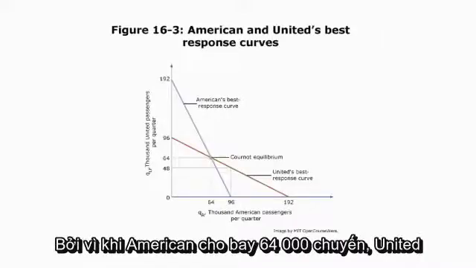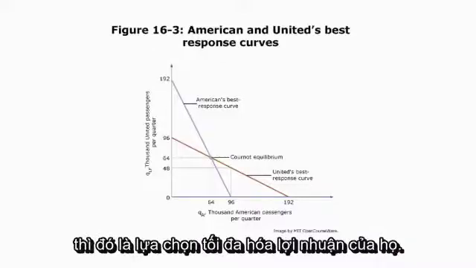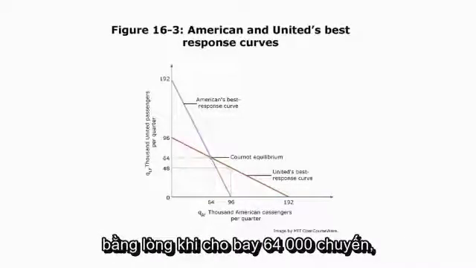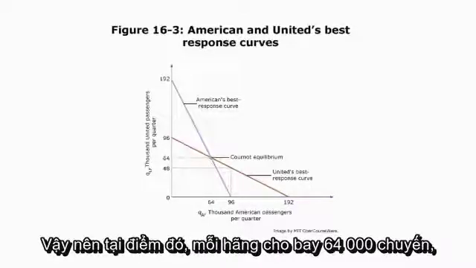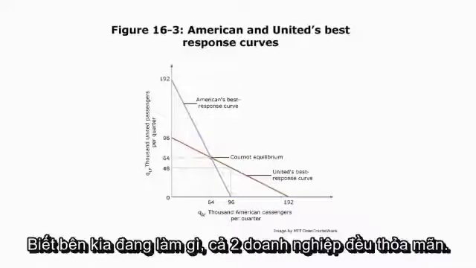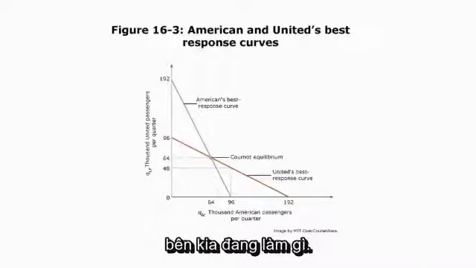Because when American is producing 64,000, United's happy to produce 64,000. That's their profit maximizing choice. If United's producing 64,000, American's happy to produce 64,000. That's their profit maximizing choice. So at that point of each producing 64,000, we are in a Nash or Cournot equilibrium. Both firms are profit maximizing given what the other firm is doing.